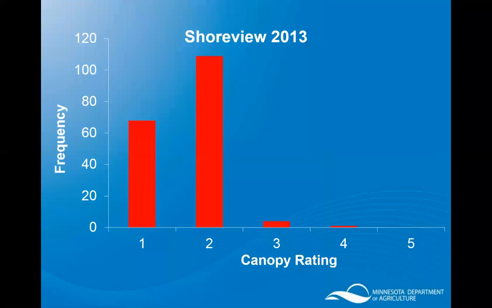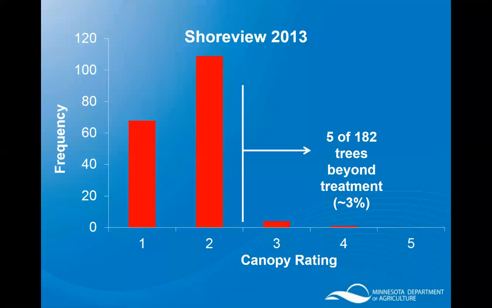If we put that on a histogram, you can see that the vast majority of our trees fell into these categories of 1 and 2, which is less than 40% canopy loss, and would be trees that would be possible for insecticide treatment if the city or property owners so chose. So it was actually about 97% of the trees in that neighborhood, and just 3% were of a state that they were not treatable.